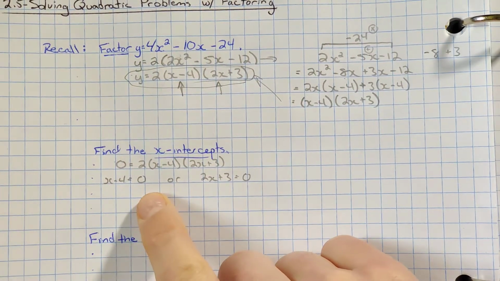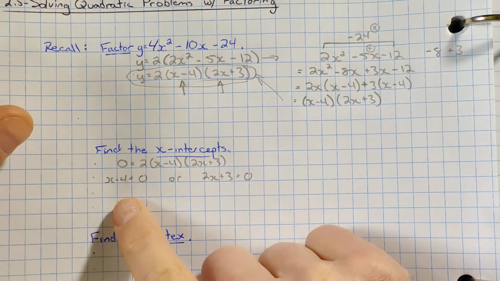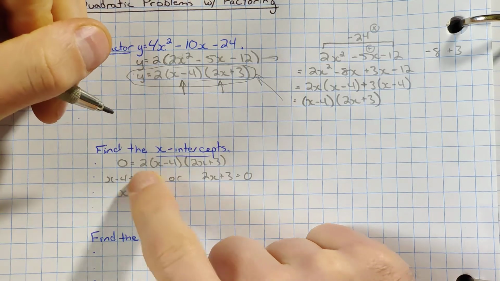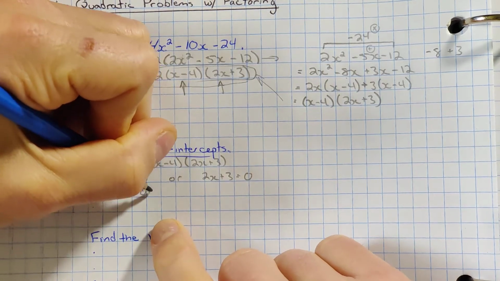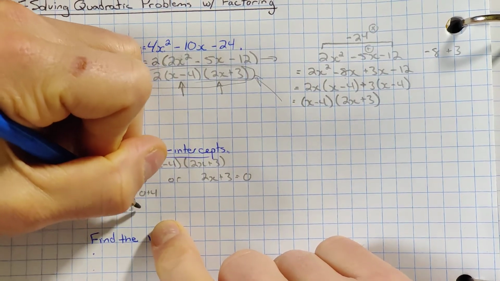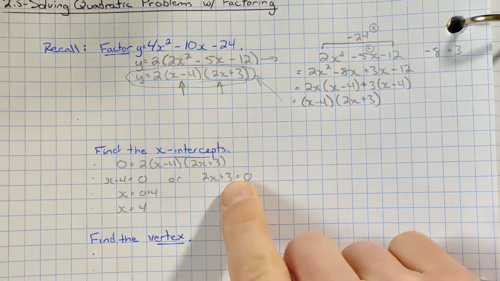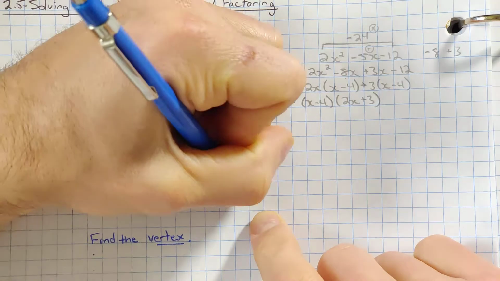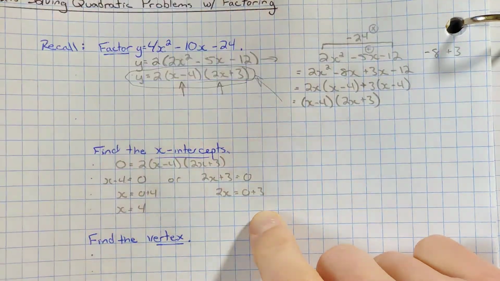If we solve this one here, then we have x, and then we move that negative 4 over. We're going to have 0 plus 4, or just 4. On this side here, we move the 3 over. We get 2x equals 0 minus 3.